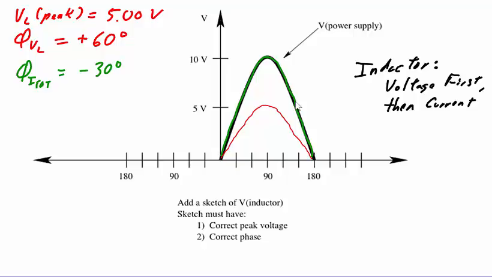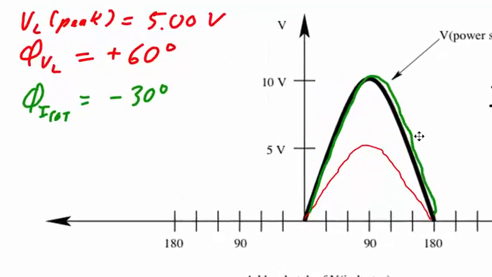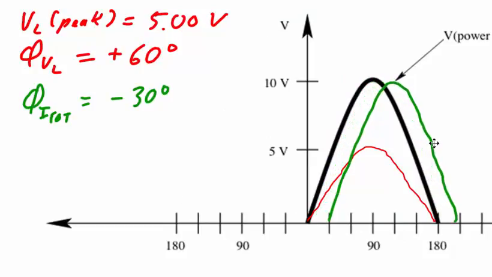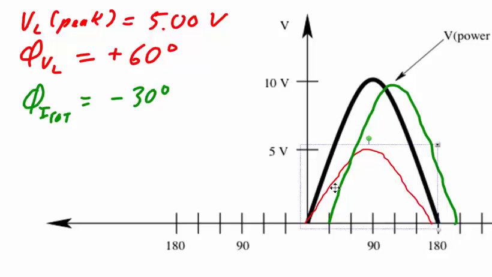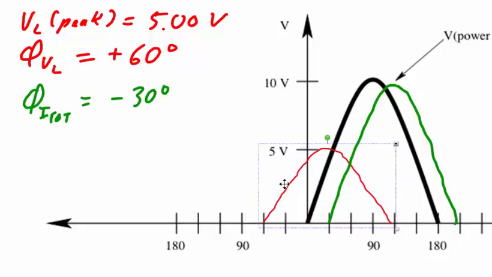The voltage of the power supply can't move, but since the circuit overall is partly like an inductor and partly like a resistor, it will still be voltage first, then current, but the current is only shifted behind by 30 degrees. Now we can understand what's happening to the voltage on the inductor itself. On any inductor, the voltage on that inductor precedes the current through that inductor by a total of 90 degrees. So, the full story of this circuit is as follows.